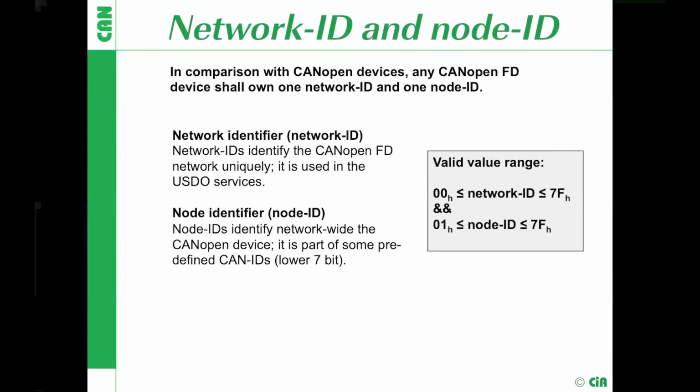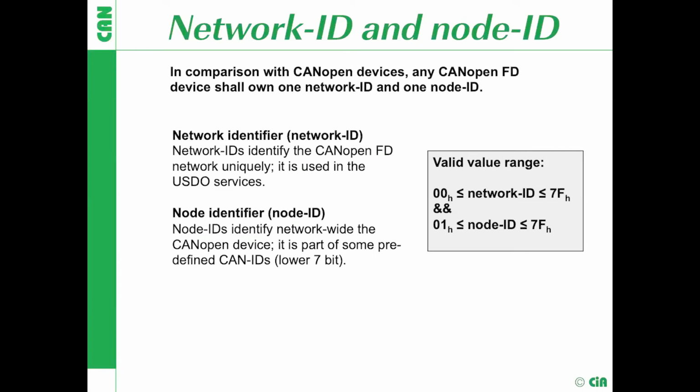Today we have the topic CANopen FD. In comparison with CANopen devices, any CANopen FD device shall own one network ID and one node ID. In addition to identifying a CANopen FD device uniquely within a CANopen FD network by the node ID, the network ID allocates a CANopen FD device clearly in a CANopen FD network.